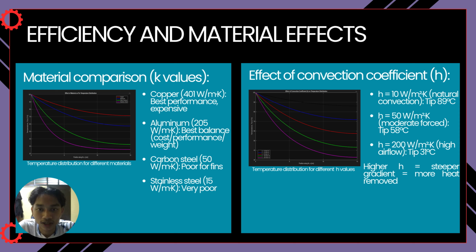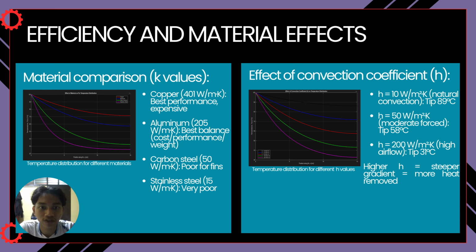It is the best balance of cost, performance, and weight, and it is also the material usually used in industry. For carbon steel, the thermal conductivity is 50 watt per meter Kelvin, so this material is poor for the fin. The last one is stainless steel, at 15 watt per meter Kelvin. It is very poor and the thermal conductivity is very bad.